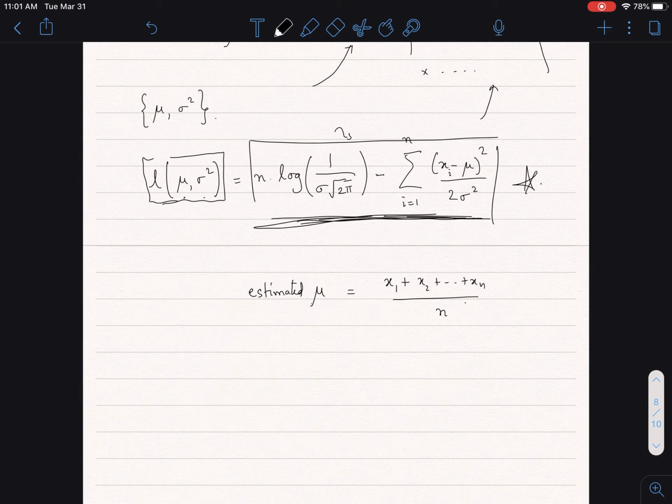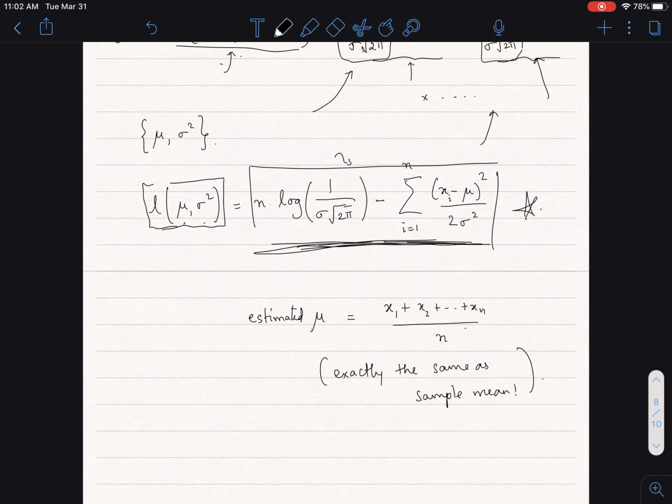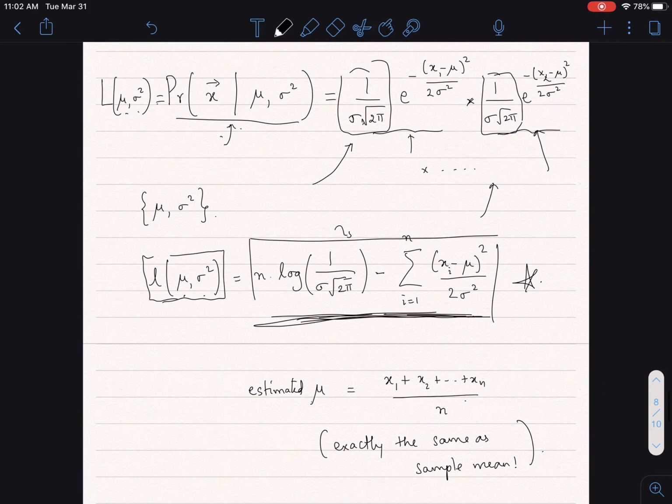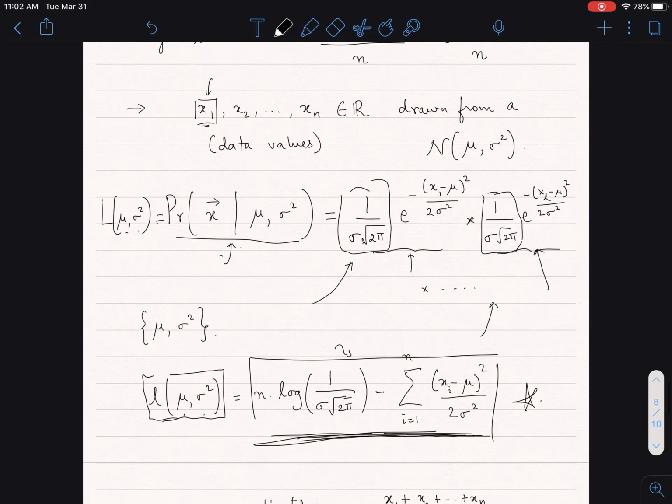Okay, and this is exactly the same as the sample mean. Again, this is a coincidence. But yes, this is the nice fact that even for the Gaussian case, the estimated mean turns out to be exactly the same as the sample mean.